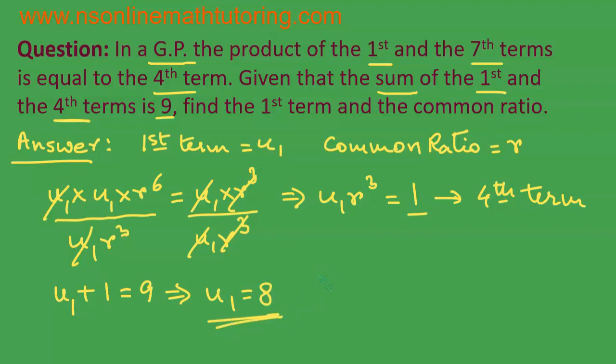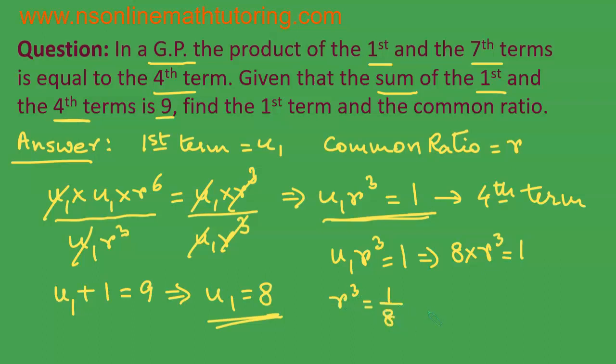So, what is the common ratio? Let us take this. So, u1 times r cube is equal to 1, or 8 times r cube is equal to 1, which gives us the r cube value as 1 over 8.